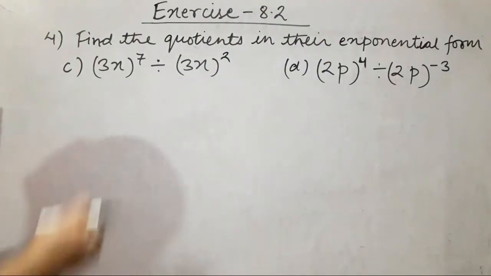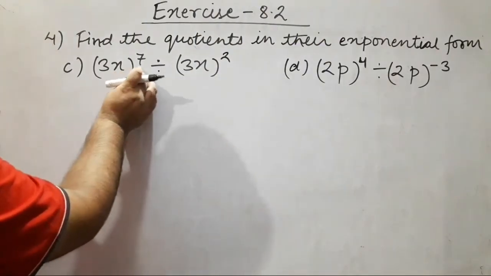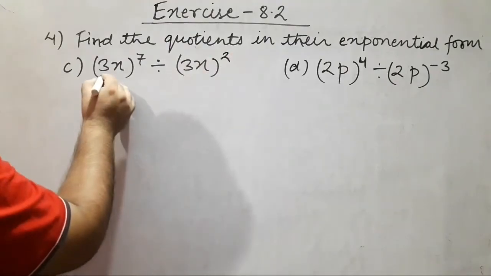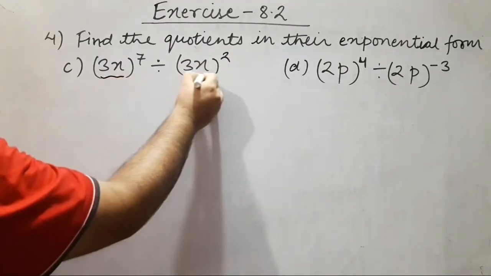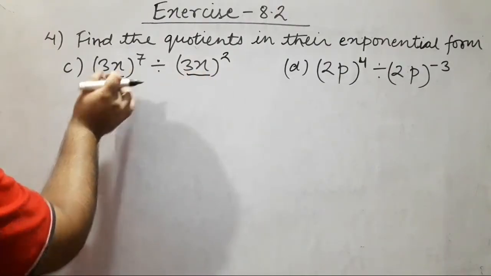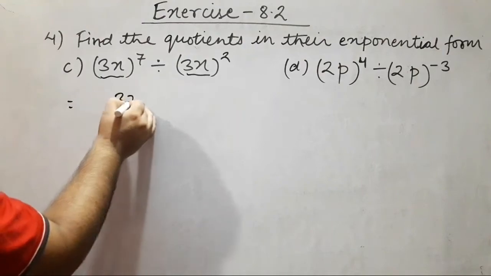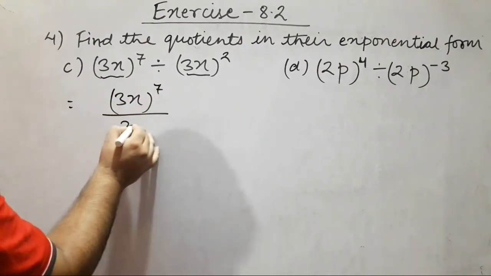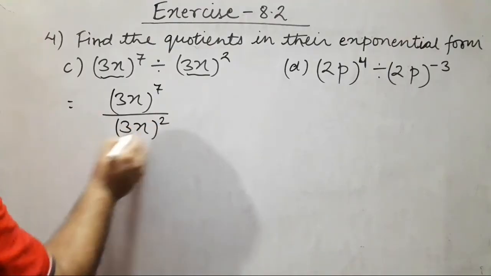Question number C. Bracket 3x power 7 divided by bracket 3x power 2. Now this bracket 3x will be the base. We shall consider this bracket 3x as a single base. Bracket 3x power 7 divided by bracket 3x power 2.